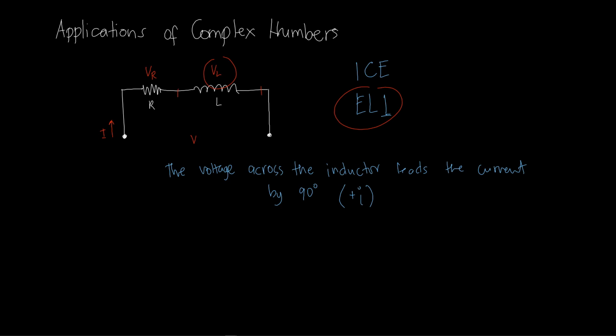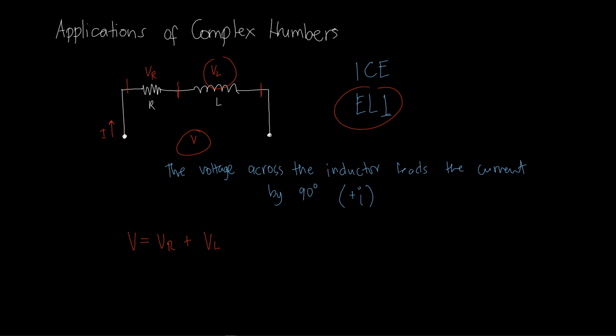Okay, so we can create an equation out of that. The total voltage is just the summation of the voltage across the resistor and the voltage across the inductor. So we can say that V is equal to VR plus VL. Right? It's just a series circuit.